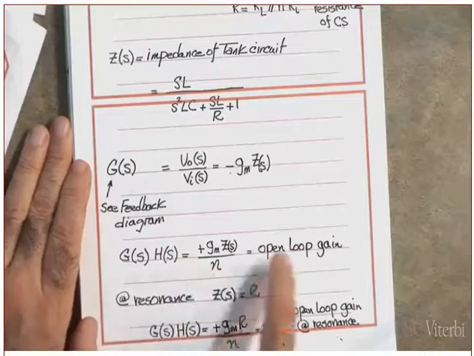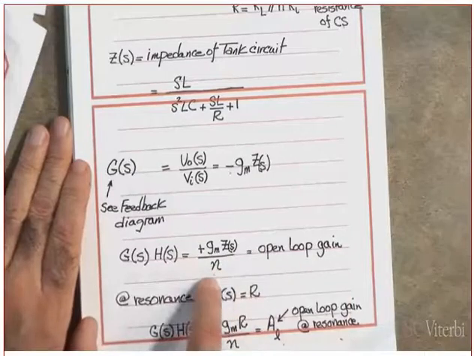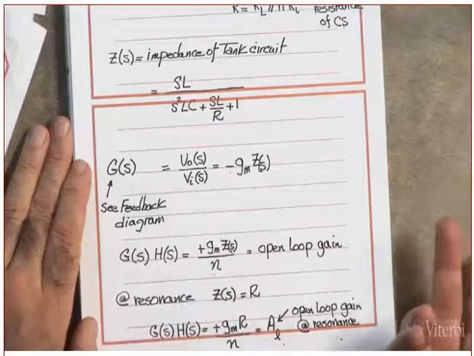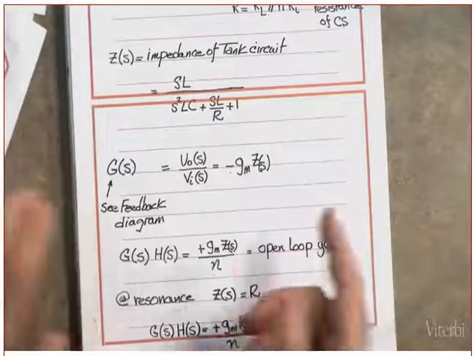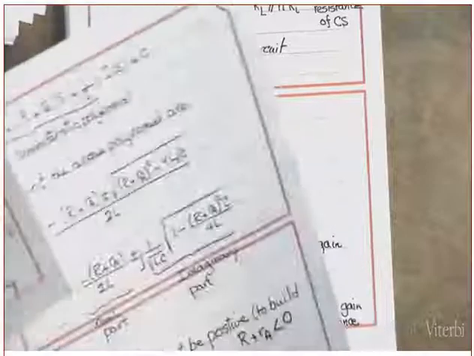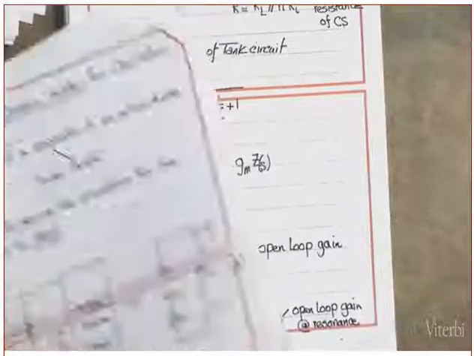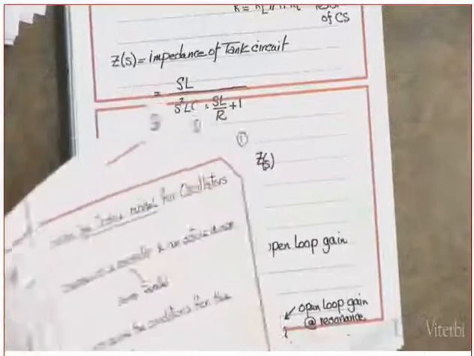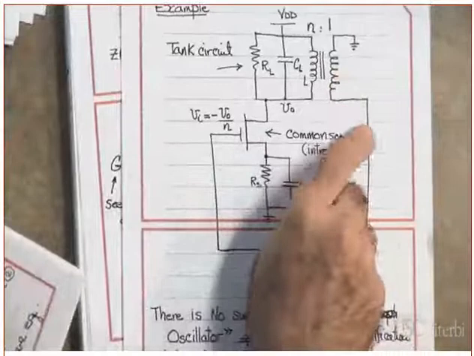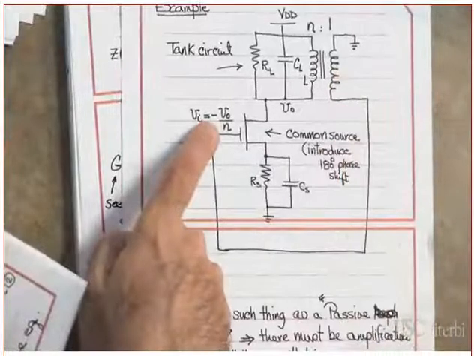Can you tell me where did this come from? Which is the open loop transfer function. First of all, what happened to the minus sign? The minus sign is there because I took the feedback from here, which means this is minus.